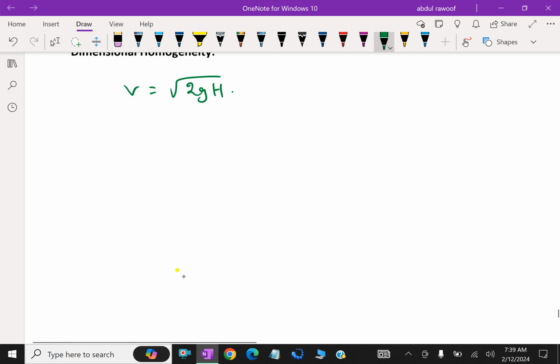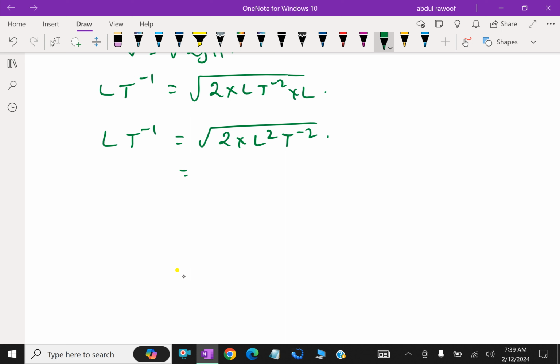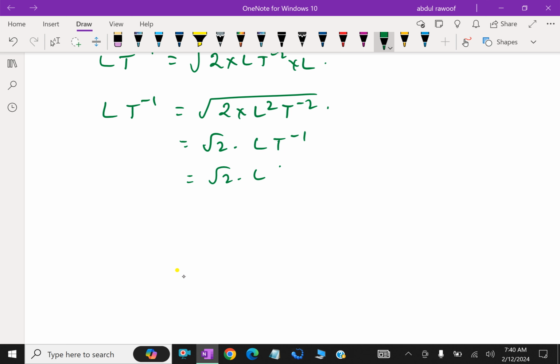The dimension of velocity V is L T power minus 1, equal to square root of 2g h. The dimension of g is L T power minus 2, and h is L. So the right side is square root of 2 L square T power minus 2, which is equal to square root of 2 times L T power minus 1.